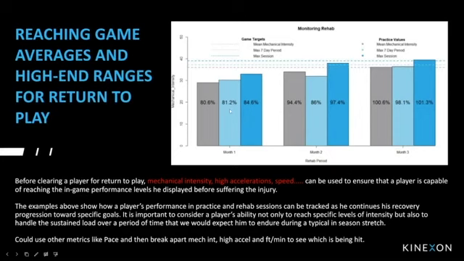So we're breaking it down three different ways: the mean mechanical intensity, the 7-day, and the max for that session.